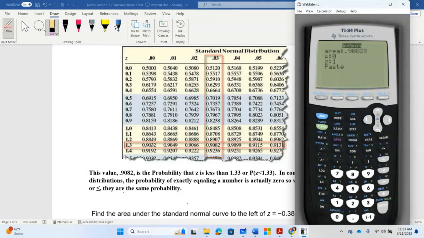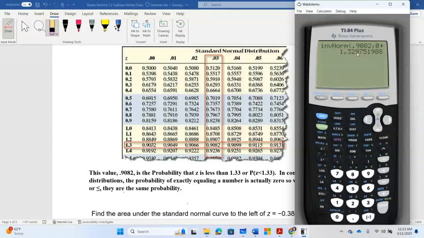The mean of a standard normal is 0, standard deviation is 1, and I'm going to calculate. If I approximate to 2 decimal places, the 91st percentile is the same as 1.33, approximately.